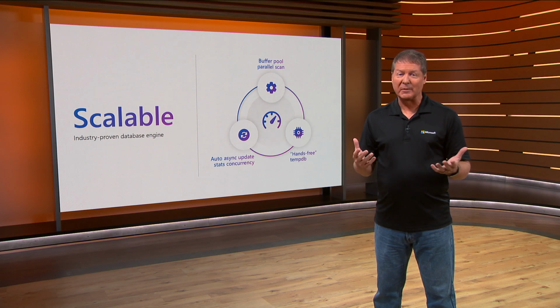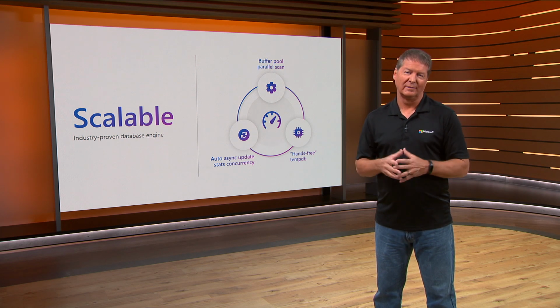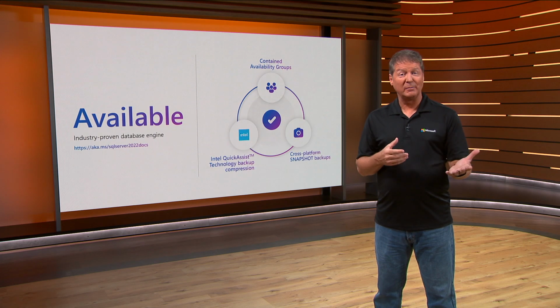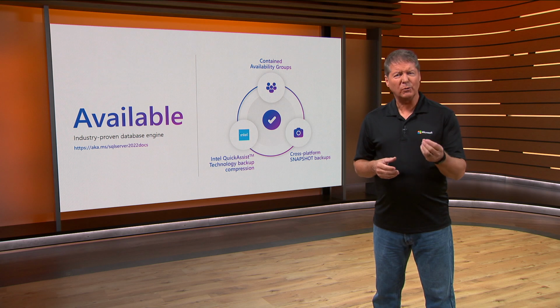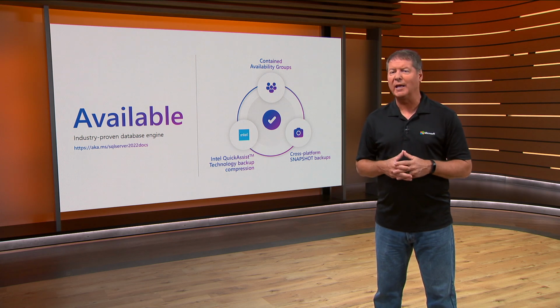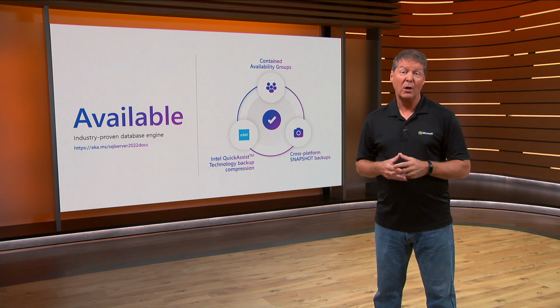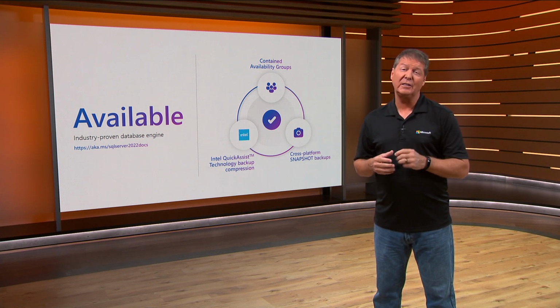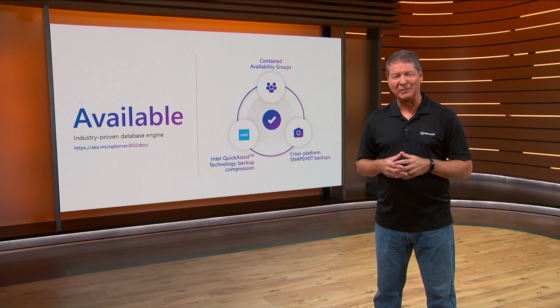For scalability, this includes system page latch concurrency enhancements to make TempDB workloads just work with no tuning. And for availability, we are excited to announce contained availability groups. SQL Server will handle replicating SQL Agent jobs, logins, and linked servers along with your databases. We know this solves a long-standing challenge of maintaining high availability with SQL Server.